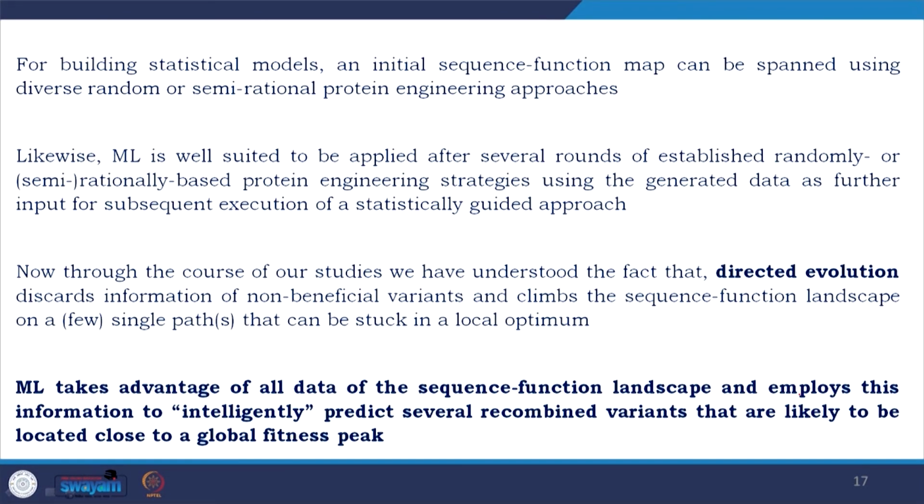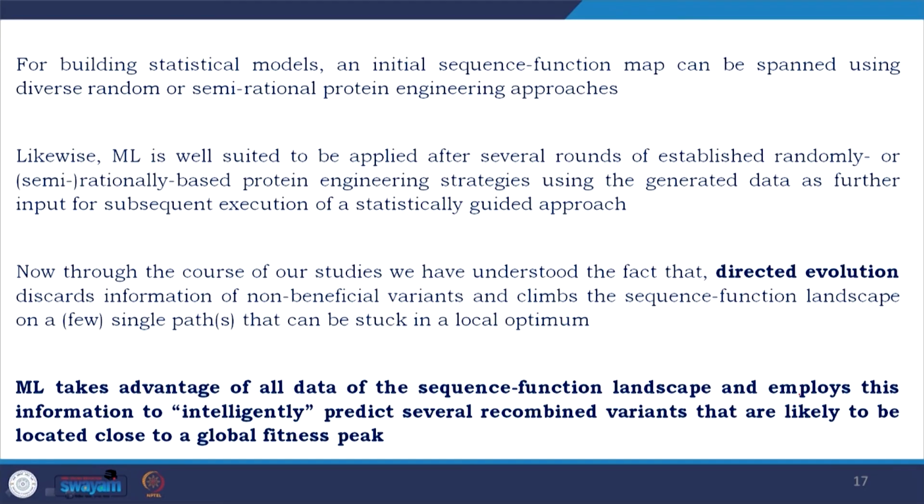ML takes advantage of all data of the sequence function landscape and employs this information to intelligently predict several recombined variants that are likely to be located close to a global fitness peak.